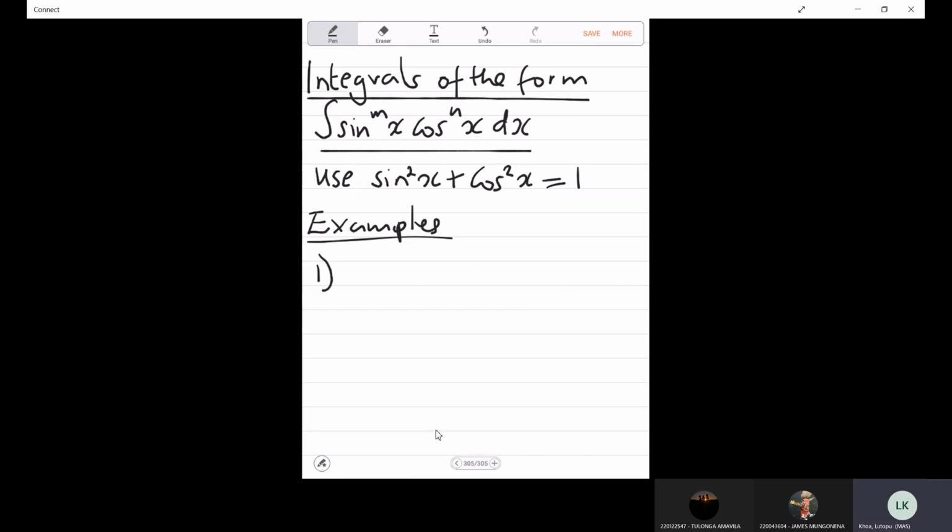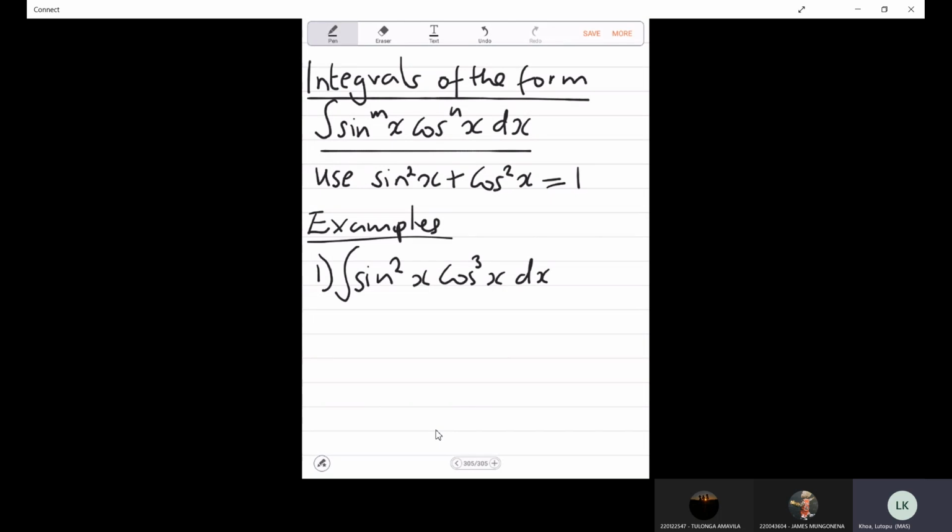So doing that, let's look at some examples. The first one, we have the integral of sine squared x cos cubed x dx. As a general rule, the one with the odd power is the one that you want to break up. So cos to the power of 3 of x, I'll write it as cos squared times cos.